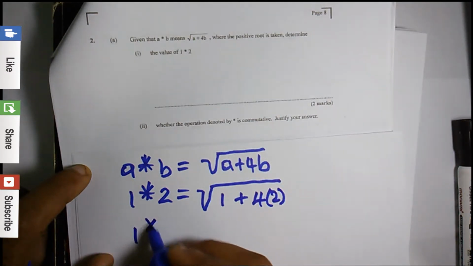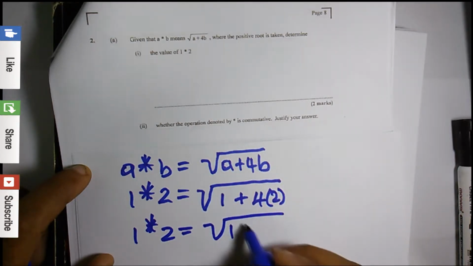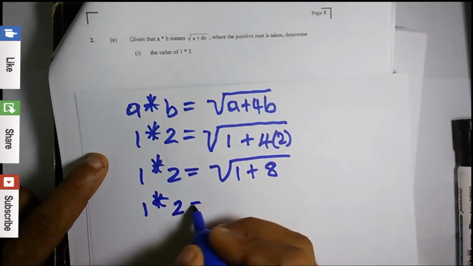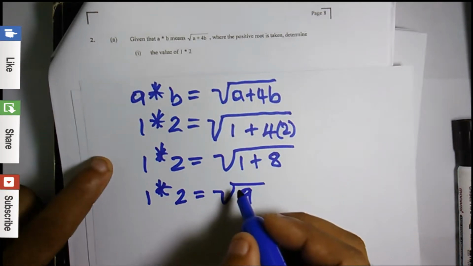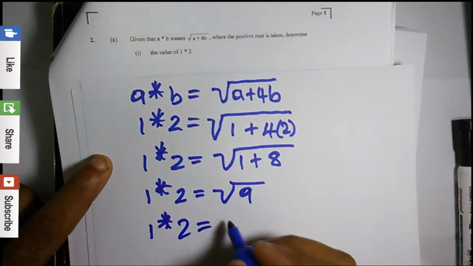So 1 asterisk 2 is equal to the square root of 1 plus 4 times 2, which is 8. So 1 asterisk 2 is equal to the square root of 9, and the square root of 9 is 3. So 1 asterisk 2 is equal to 3.